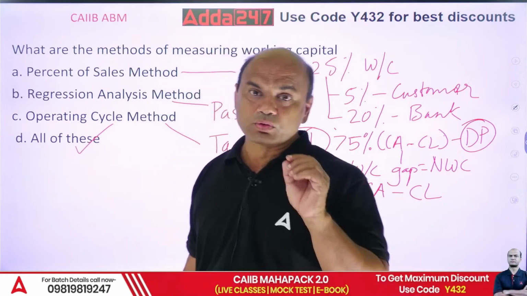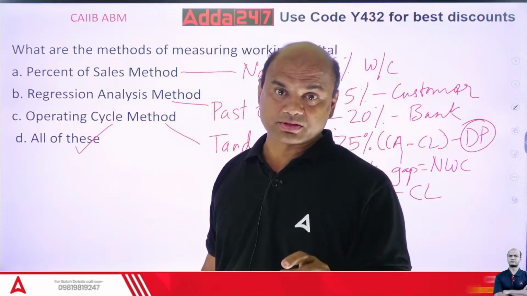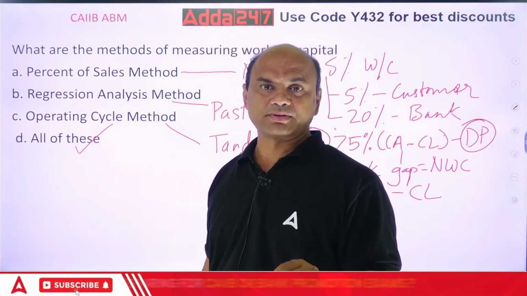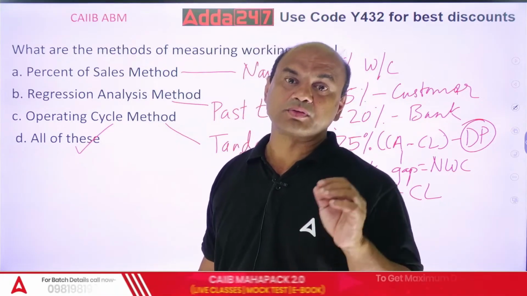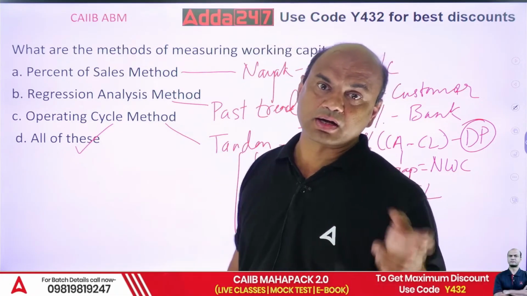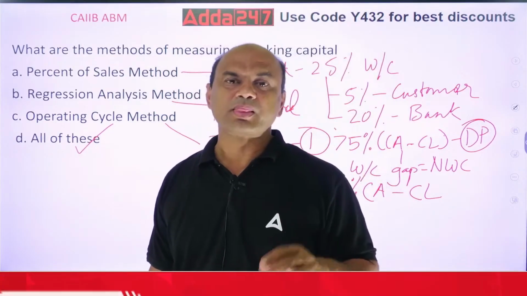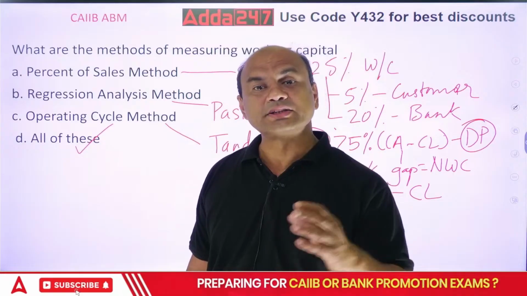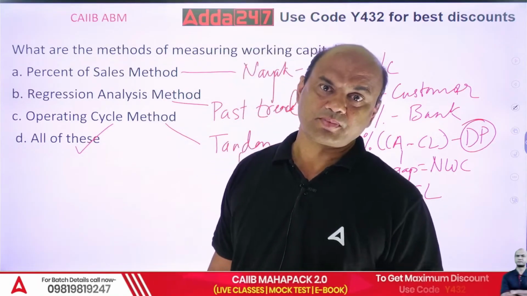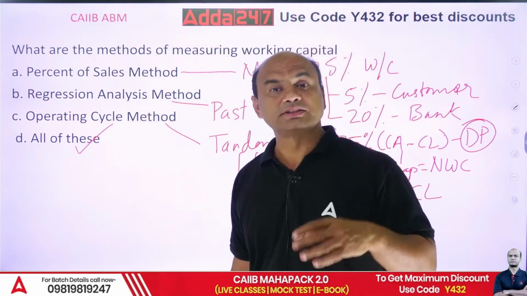Now, what you have to note in this, again, CIB question, is that none of the stock, debtor or creditor should be more than 6 months. None of them should be more than 6 months.